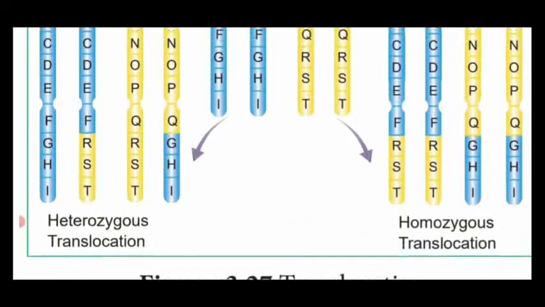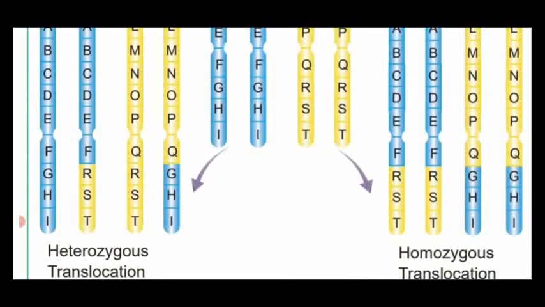When you come to the homozygous translocation, two homologous chromosomes are mutually exchanging their segments. For example, first pair RST and RST, second pair GHI and GHI. So the first pair's GHI translocates to another pair of chromosomes. Likewise, the RST gene segment is equally translocated to the first pair of chromosomes.